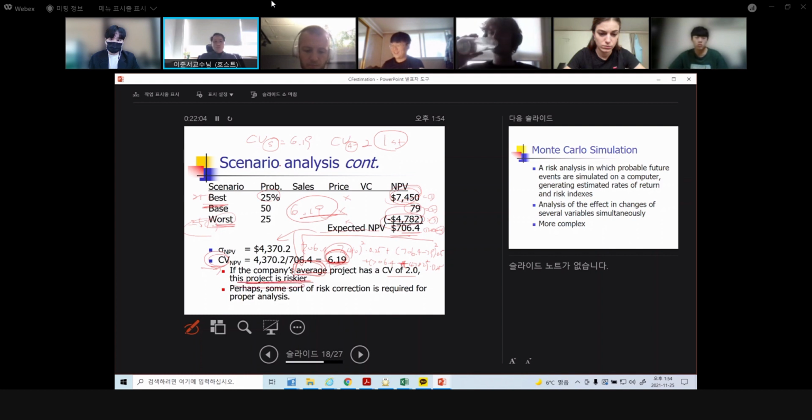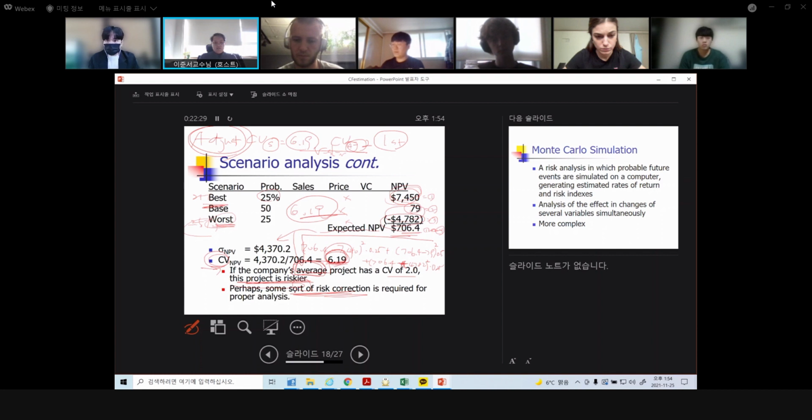So project S is riskier than the average project, right? Then we should adjust. Perhaps some sort of risk correction is required for proper analysis.